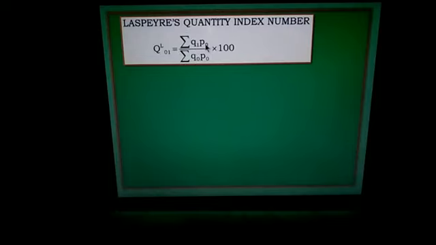Weight applied should be price, and since it is last year's, it has to be base year price. That's why P0 and P0 is applied as the weight, multiplied by 100 as usual for an index number, to express in terms of percentage. And on the left hand side Q is written, indicating that it is a quantity index number.